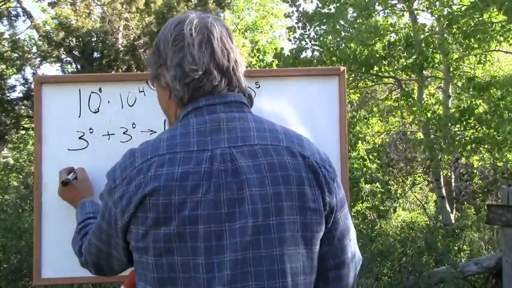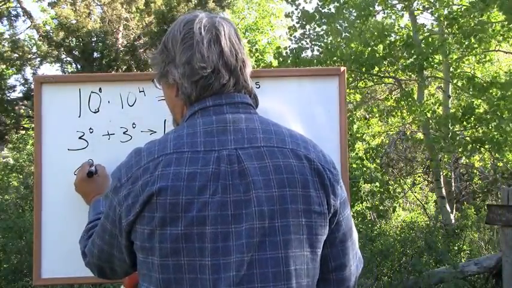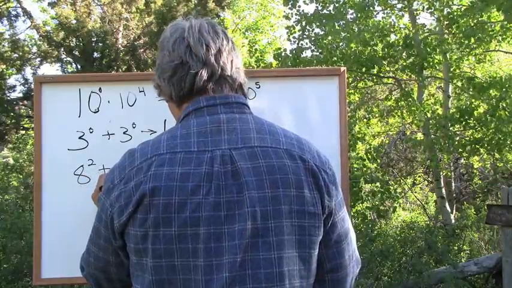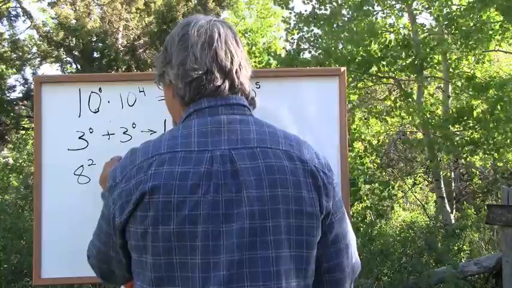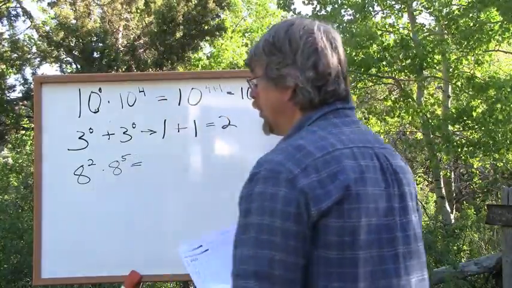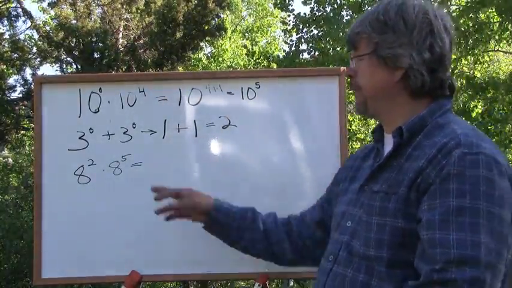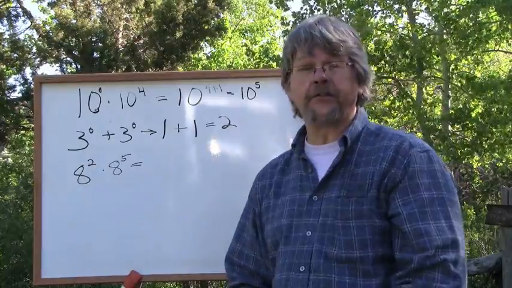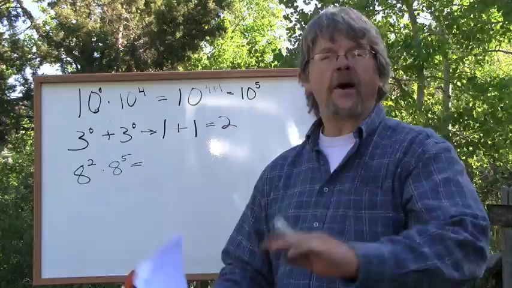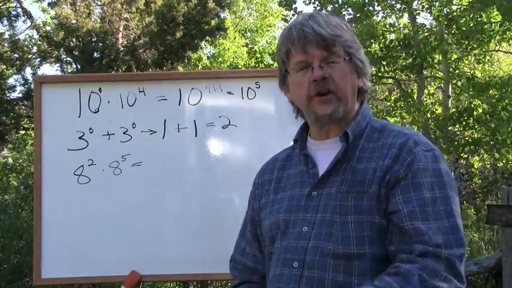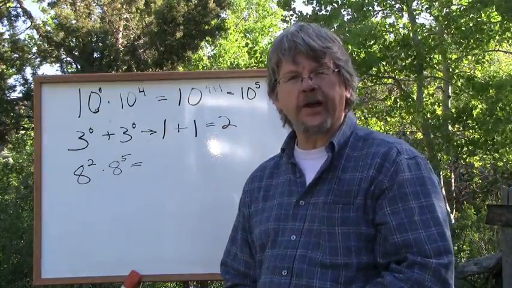What if we have 8 to the second times 8 to the fifth? What do we do in this instance? Because 8's a pretty big number. 8 times 8 is 64, and 8 to the fifth is way up there in the thousands. We don't have to worry about calculating them first before getting to the answer, however.